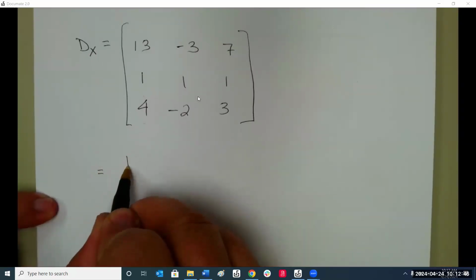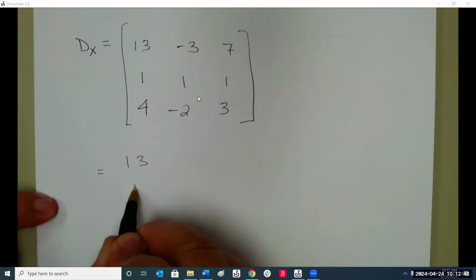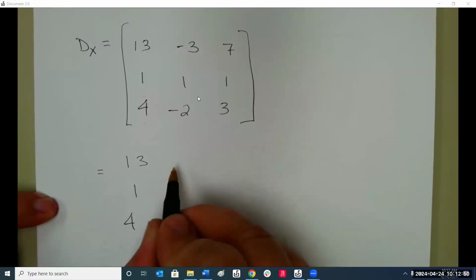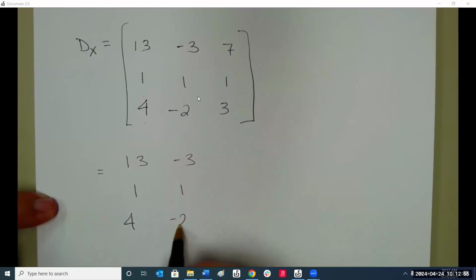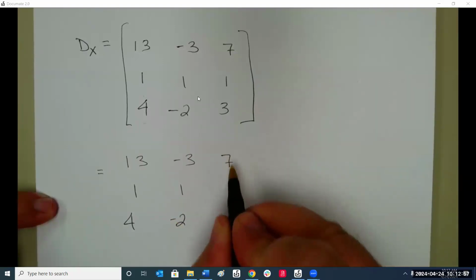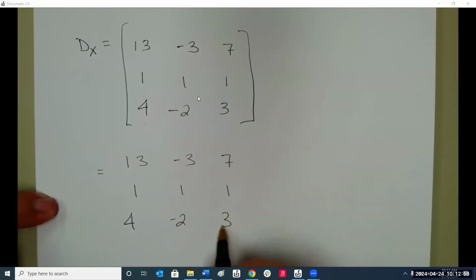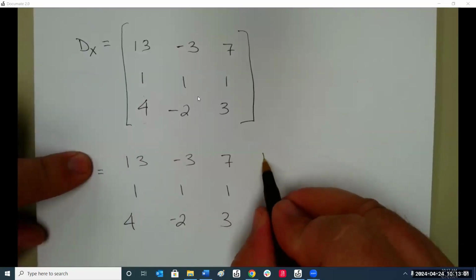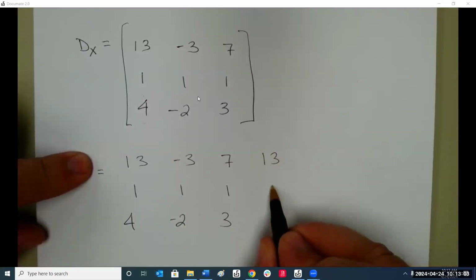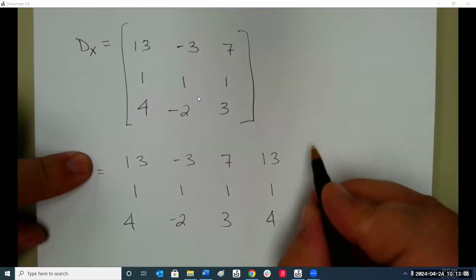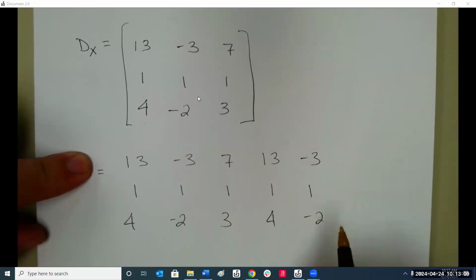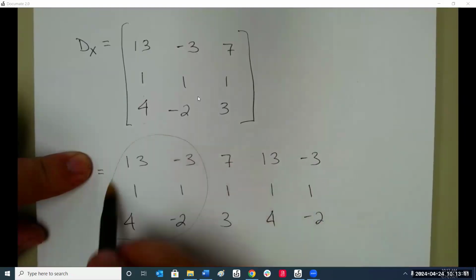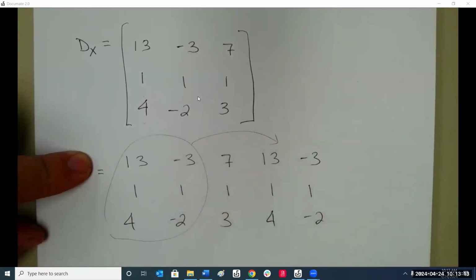And then we write what we have. Copy over the first two columns. So I copy these two back at the end.